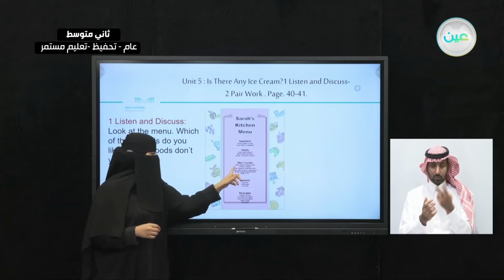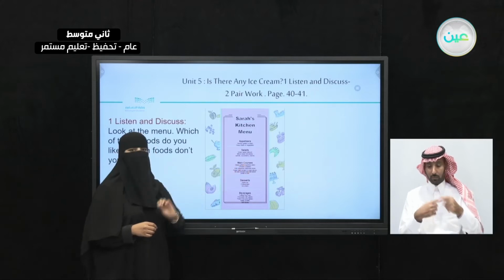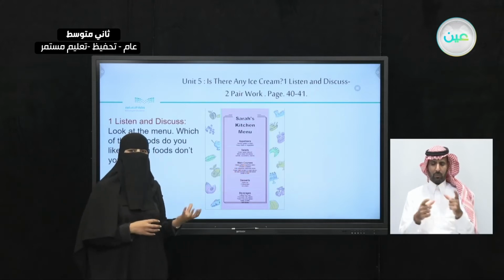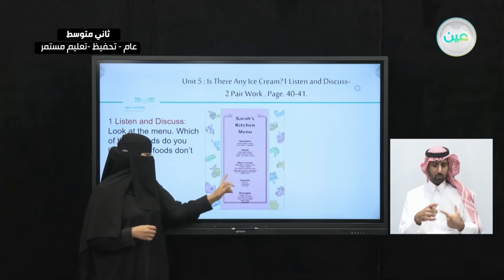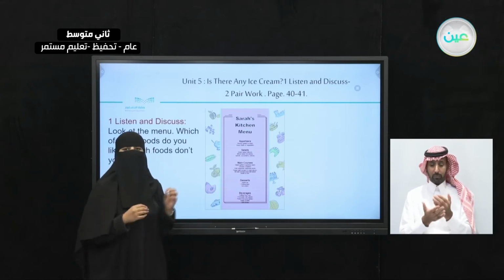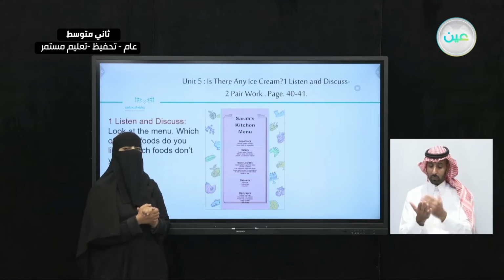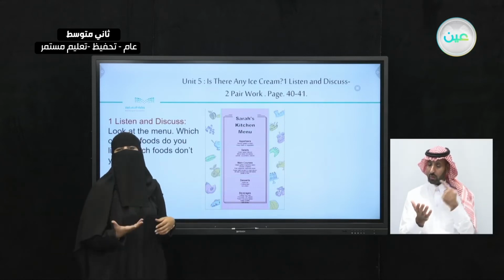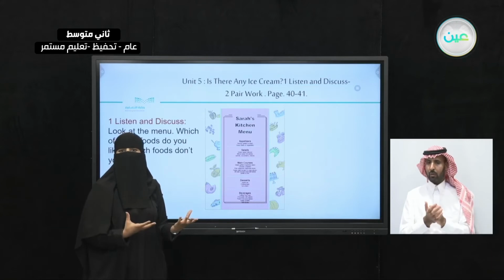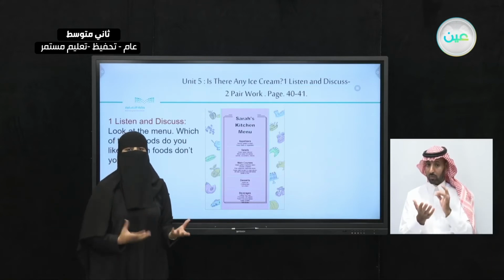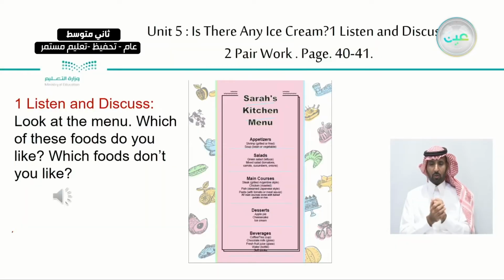Like here, we have steak, grilled Argentine style. So this is a description of this meal. And desserts and beverages. So I want you to listen to the things that are in this menu. And let's see, do we like these things? What are we going to choose? If we're going to choose something, how can we order it?